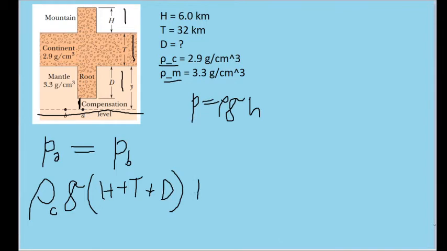So let's write this as a separate term that we're adding. So plus the density of M times G times, and we'll call it Y minus D, since that gives us the height of this segment right here of the mantle.